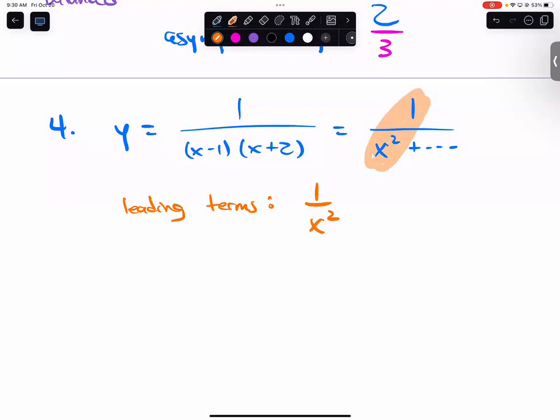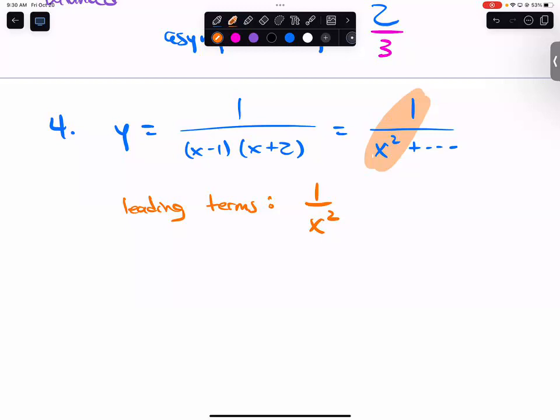What we need to do then is think about what that's going to do when x is a billion. When x is some big number, what is this going to do? If x is really big, then x squared is bigger, right? 1 divided by something really big is really small. You're taking the reciprocal. The reciprocal of really big numbers is a really small number.